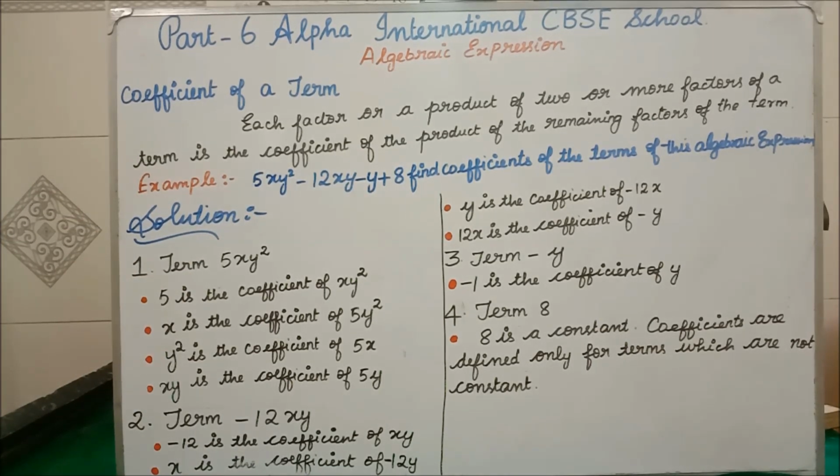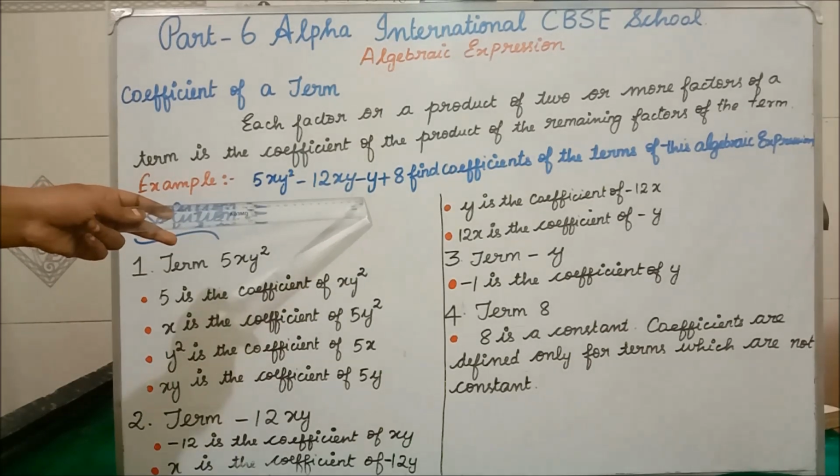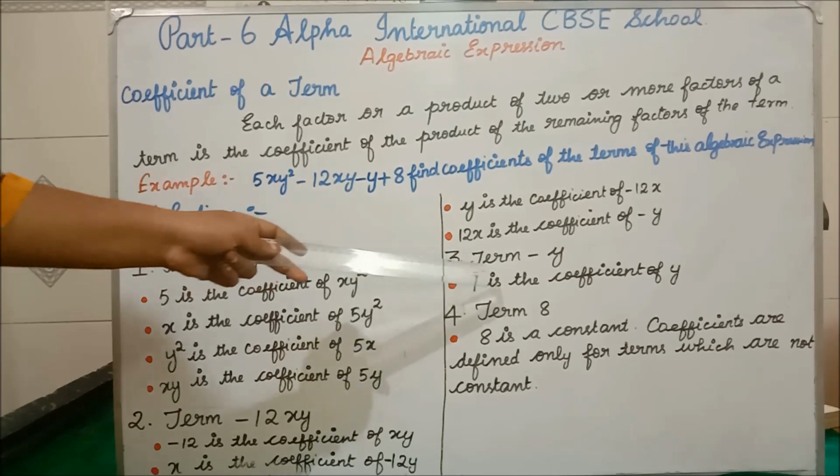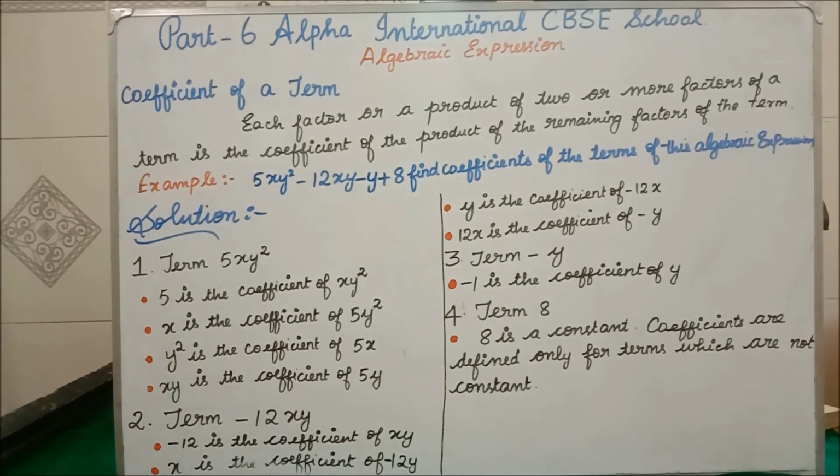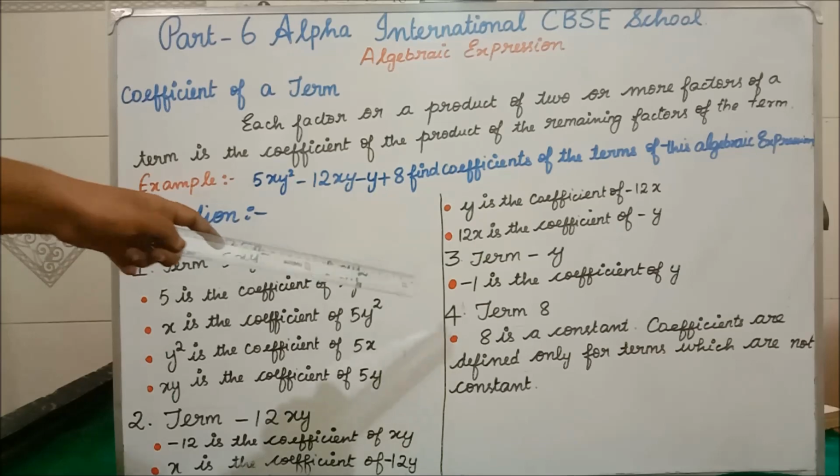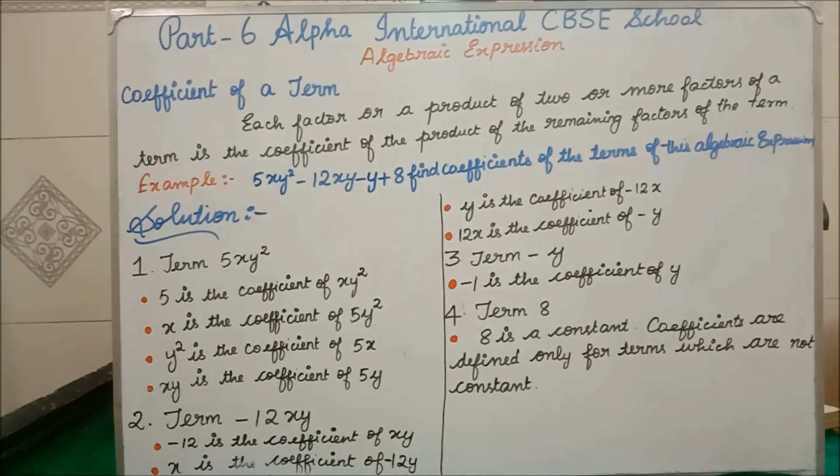Clear, all of you? What is our third term? The third term is only minus y. For y, do we have any other factor? No, we do not have any other factor. The only factor is minus 1, which is the coefficient of y. Clear, all of you?